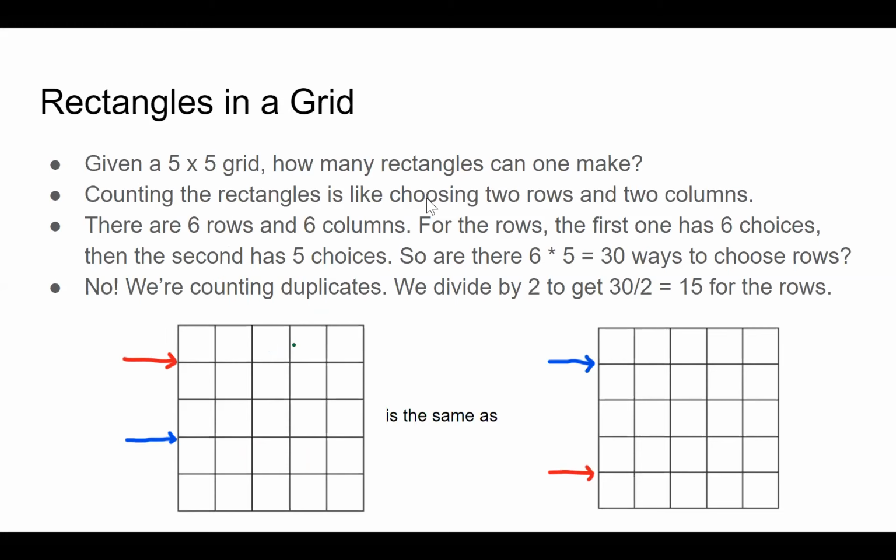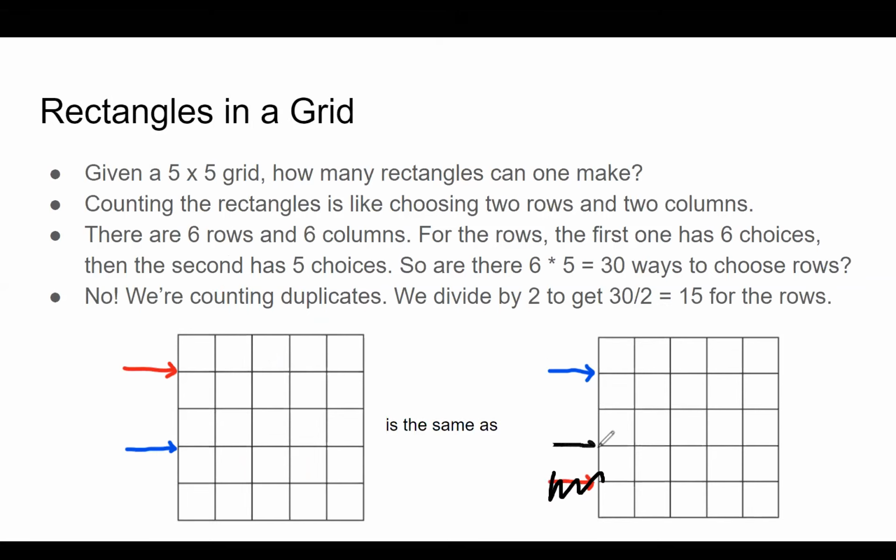Oh wait, I made an error in this. It's okay. This red arrow should be pointing here. Okay, so now we want to choose 2 rows, because after we choose 2 rows, it's symmetrical for the columns, so we can just square the value.